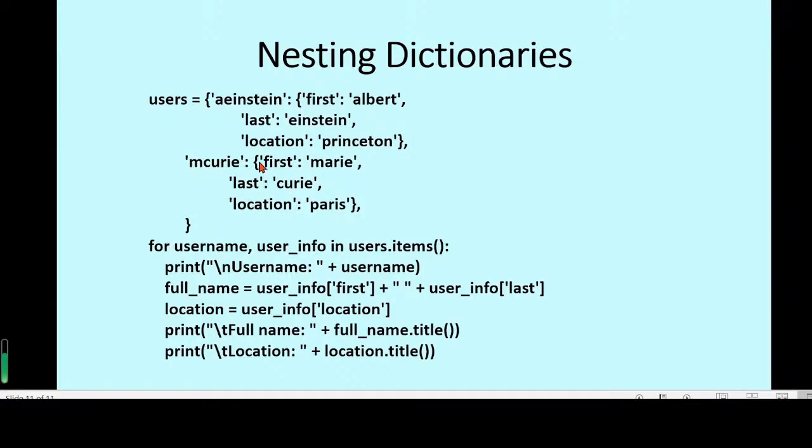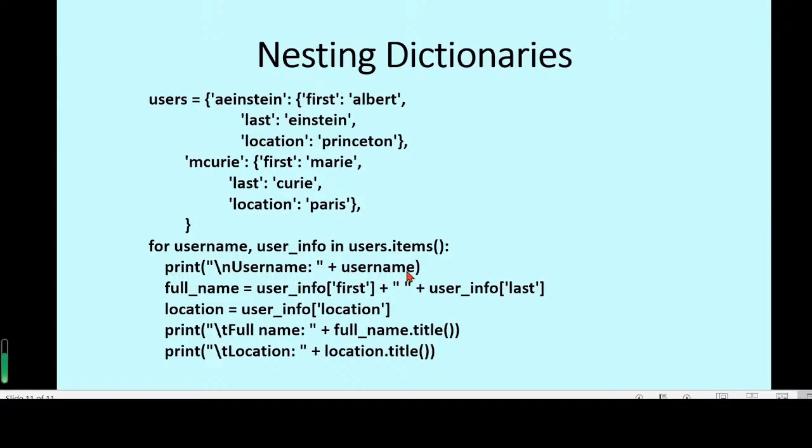For each dictionary value, there are 3 pieces of information: the first name, last name, and location for this person. Next, we can write a for loop. First use the items method on users. Users is the main dictionary. Then items will get the username and user info pairs.